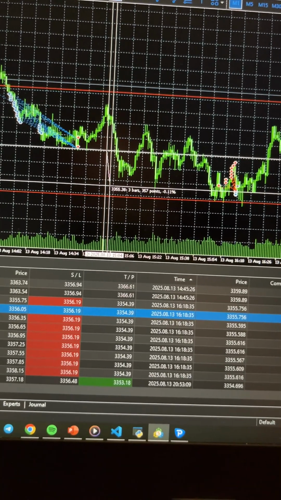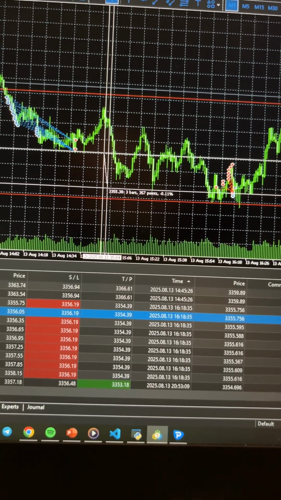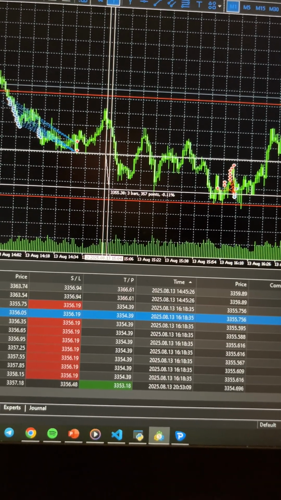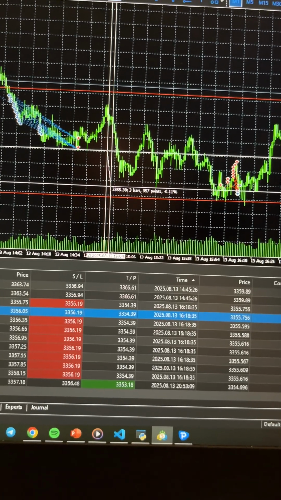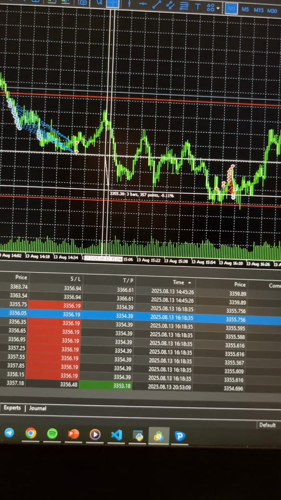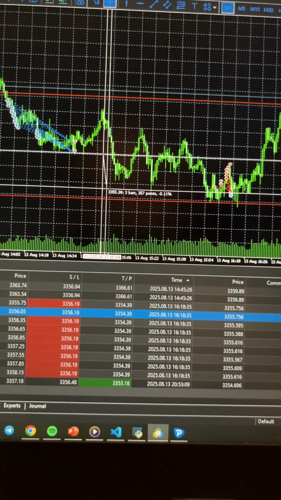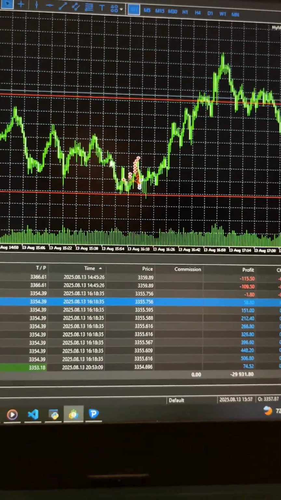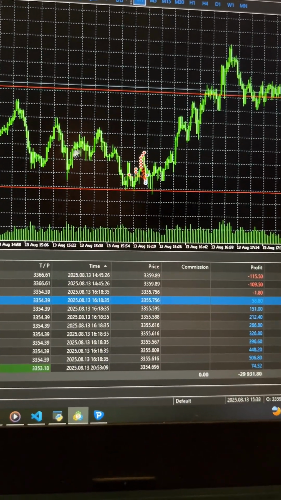So we leave a gap of around 30 pips. It's a wasted gap, right? So I was thinking to increase my pip step.